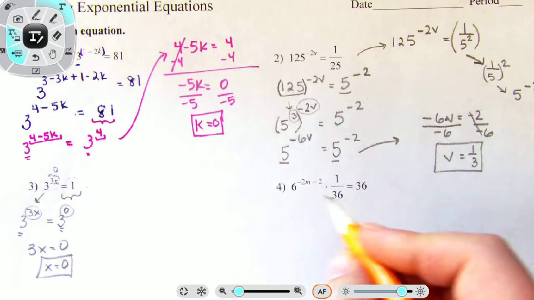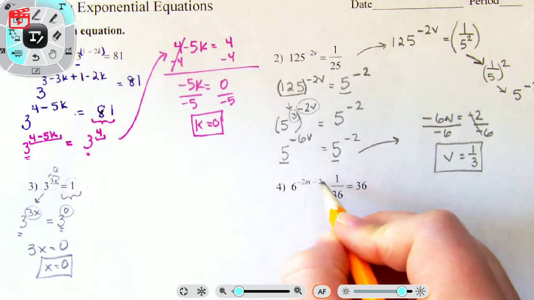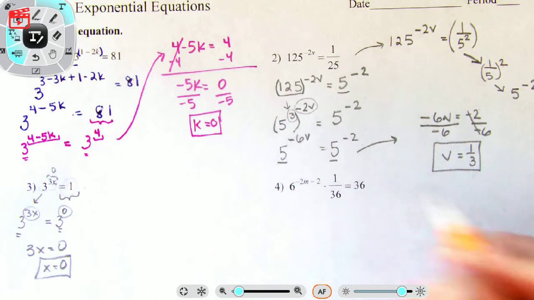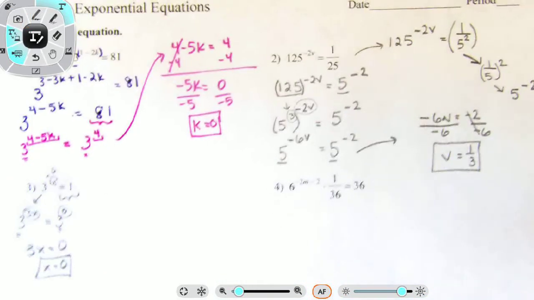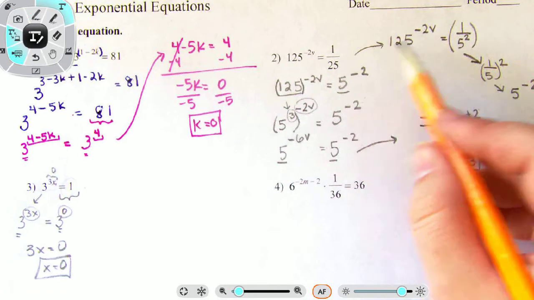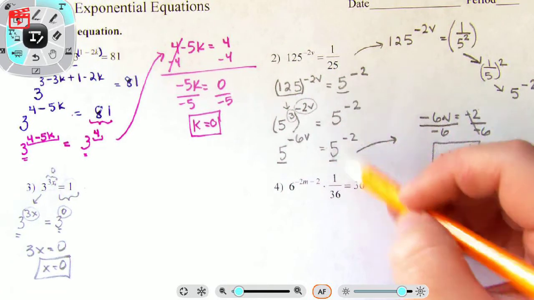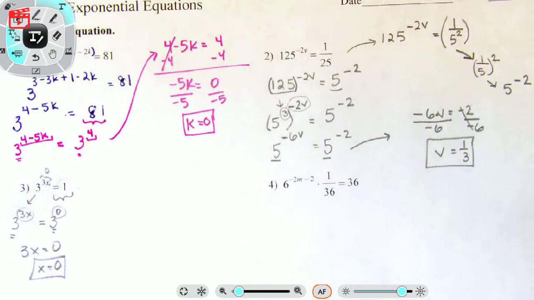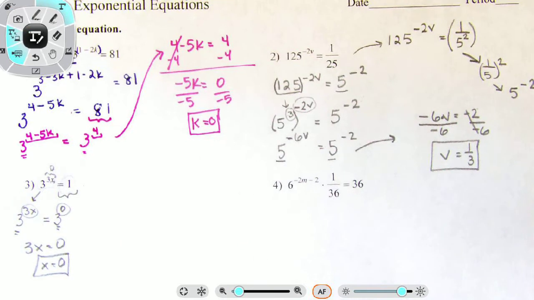Number 4 says 6 to the negative 2m minus 2 times 1 over 36 is equal to 36. So now I'm going to do exactly what I did here with my 1 over 25 because I don't want a fraction. Fractions are our friends. We do love fractions, but we also want to rewrite them in a prettier way. In this case, we're going to use negative exponents.